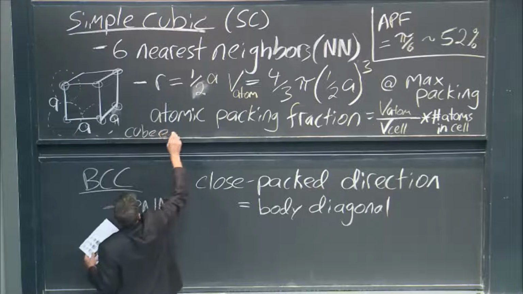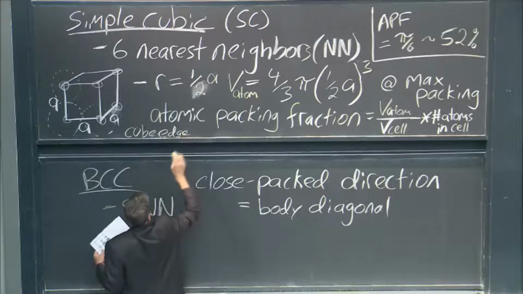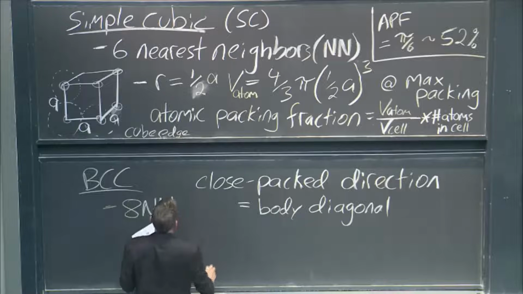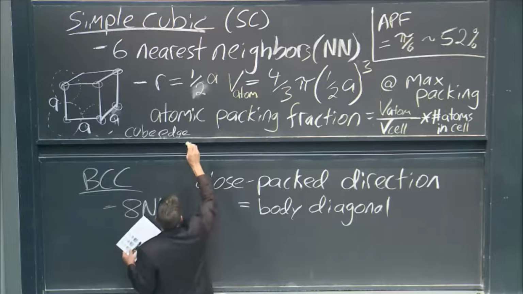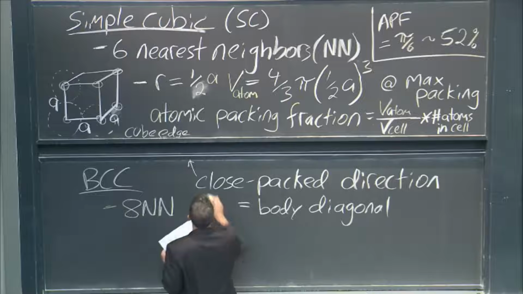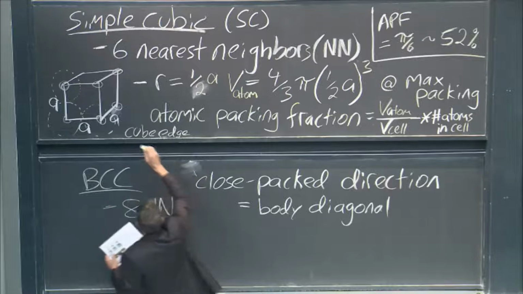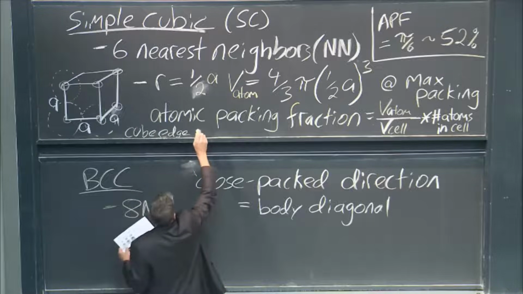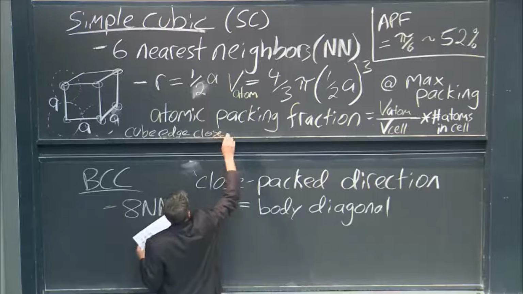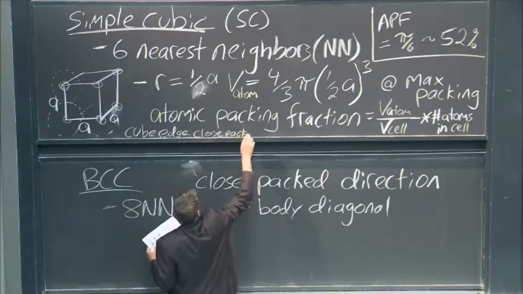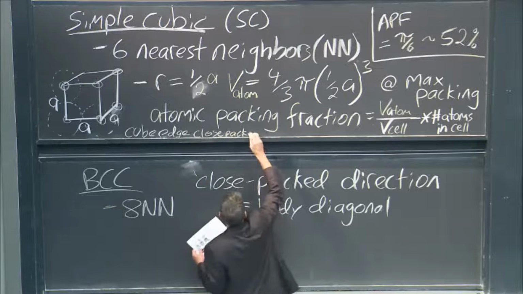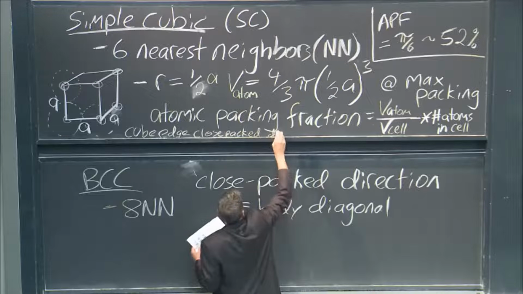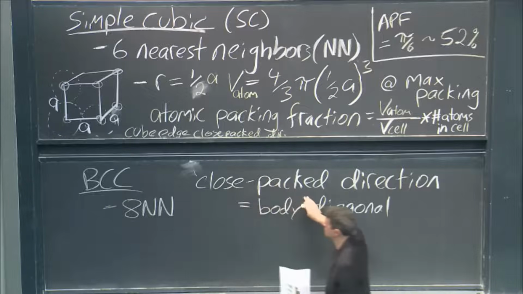Cube edge is the close packed. Okay, how's that going to work? I'll do this. That? No, that's going to be confusing. Cube edge, close packed. Oh, that's really small. But you get my point. Close packed direction, body diagonal.